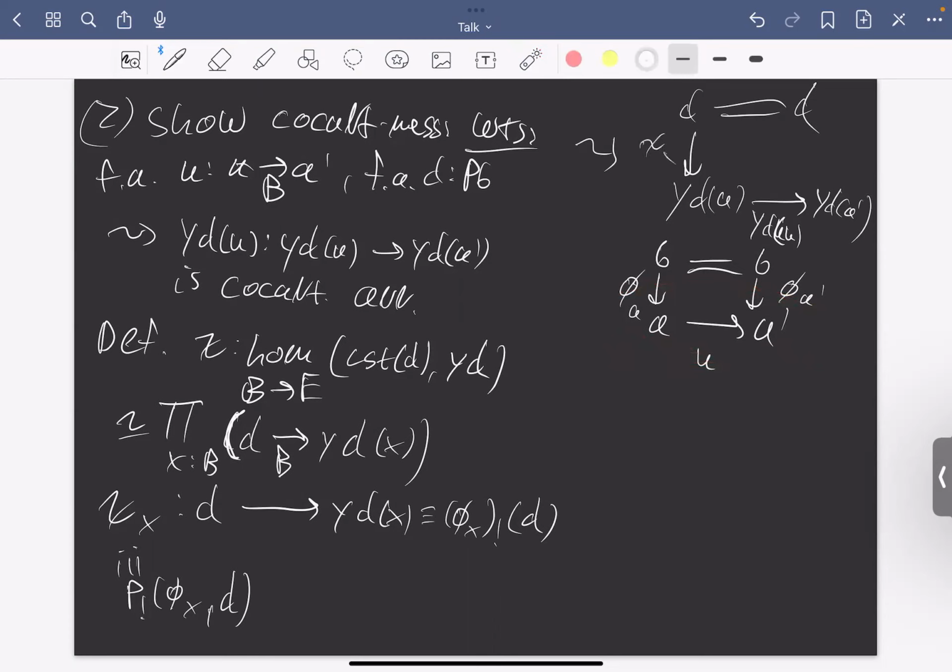where these horizontal arrows are exactly the naturality maps at x and x squared, but those are co-Cartesian. And then by cancellation of co-Cartesian arrows, we get that YDU also has to be a co-Cartesian arrow.